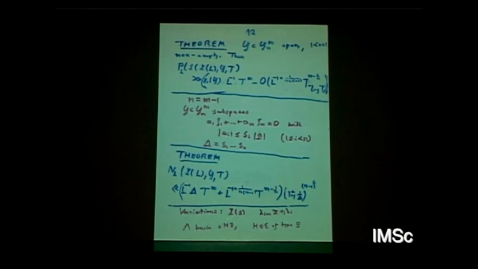Then the number here, P of S, L of L, etc., is bounded below by this quantity. So of course, you have your factor T to the N, and some constant depending on G, L to the minus 1, and add an error term. So that's a lower bound.